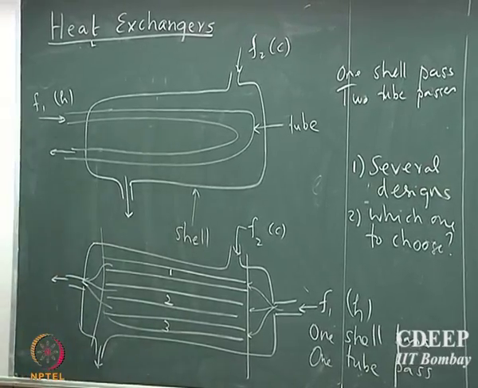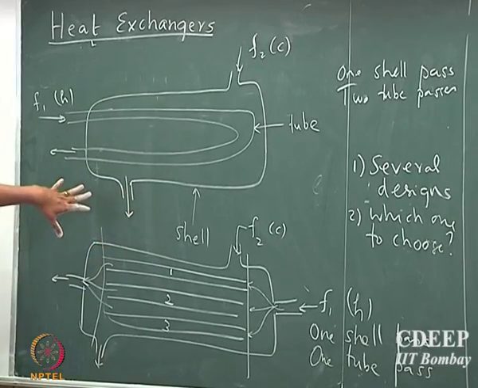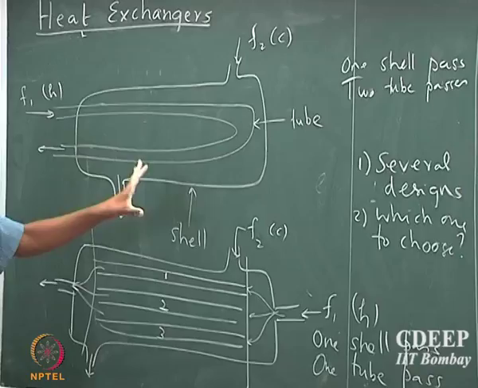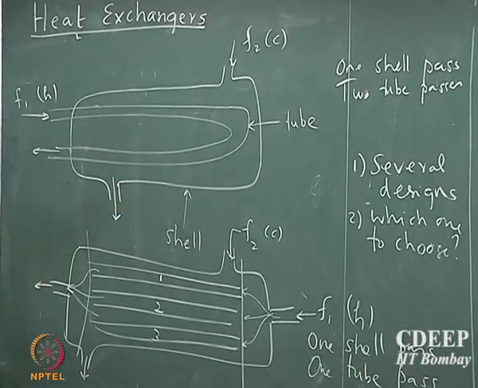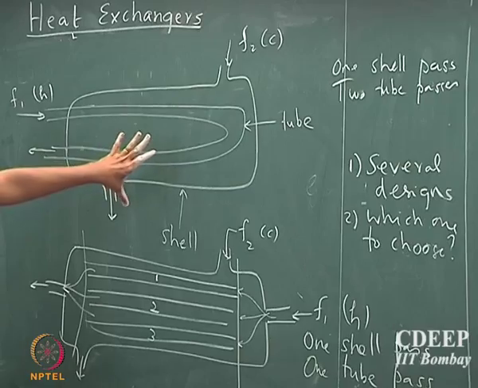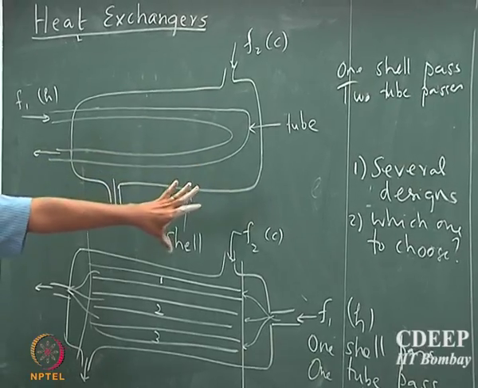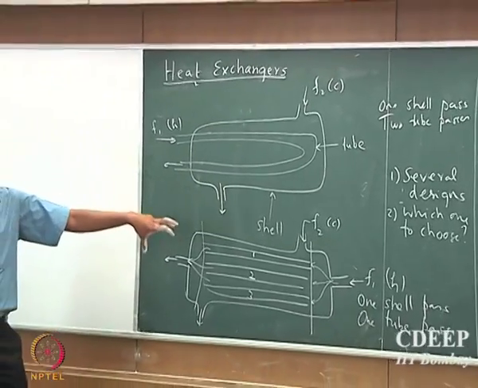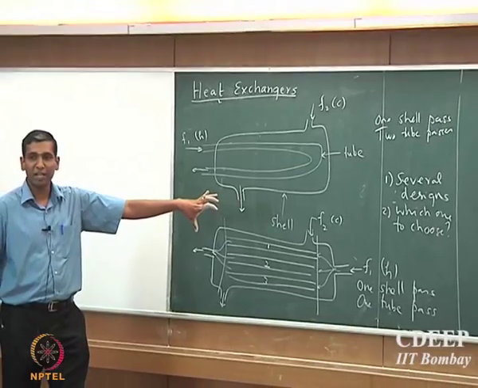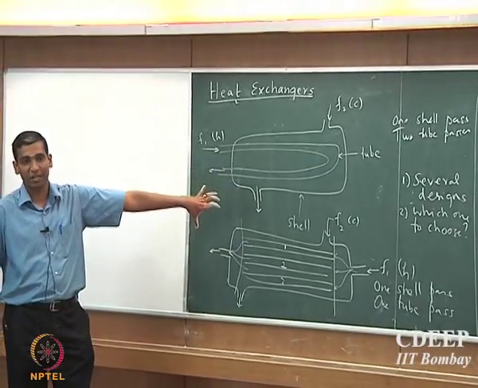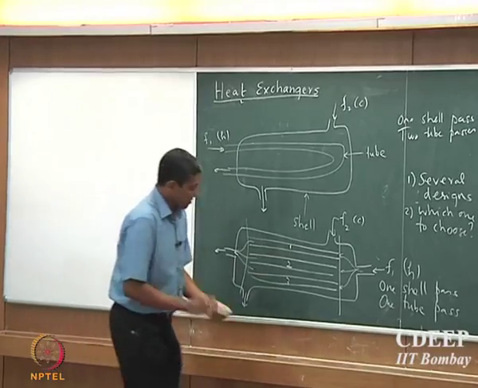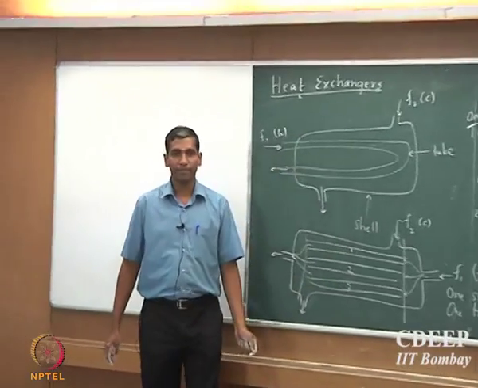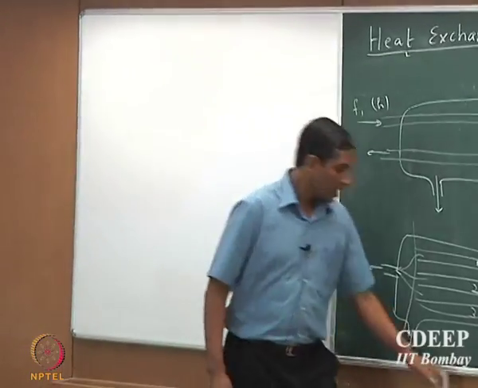So, this is the first time you will see in this course where the design and the economics are related, although it is always there, but we never looked at the economic point of view. So, this is the first time we talk about where the design plays a strong role in the amount of money that is spent in the industry for heat exchange. Okay. Any questions so far? Okay.